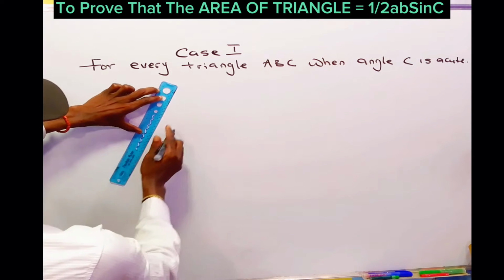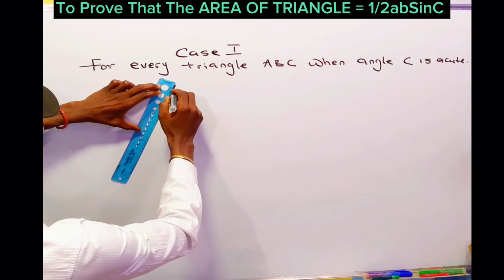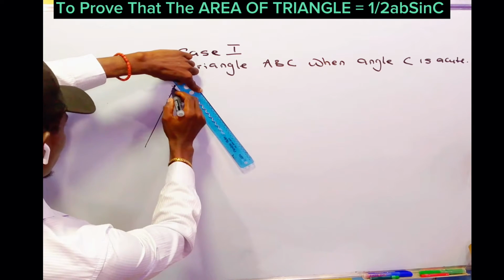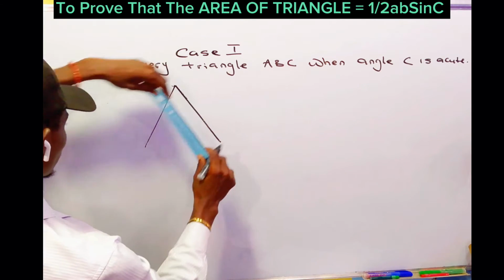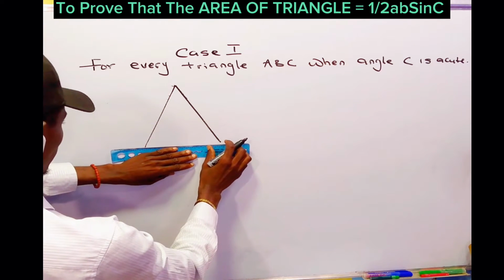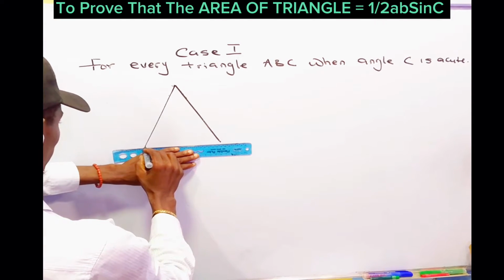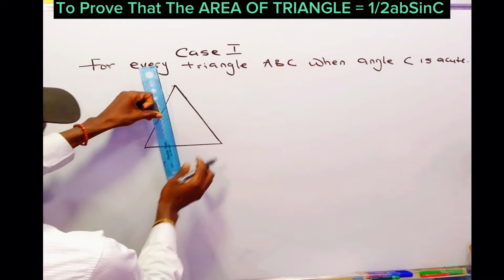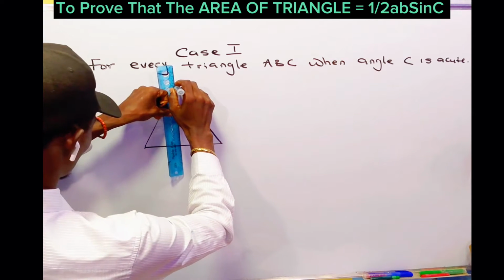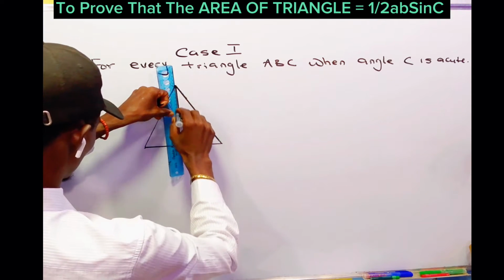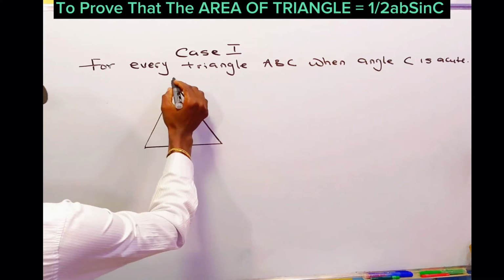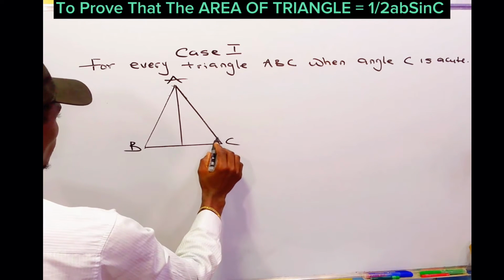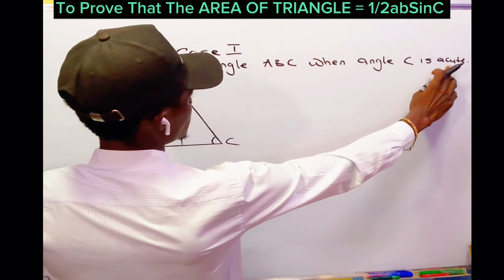So let's have the image of triangle ABC, A, B, C, of which angle C is acute.